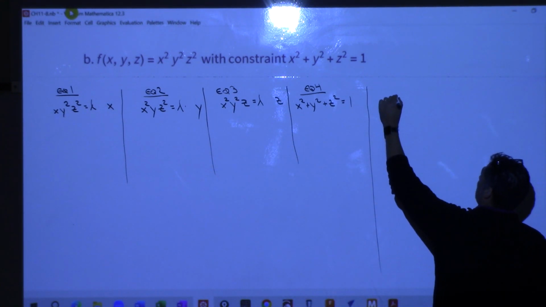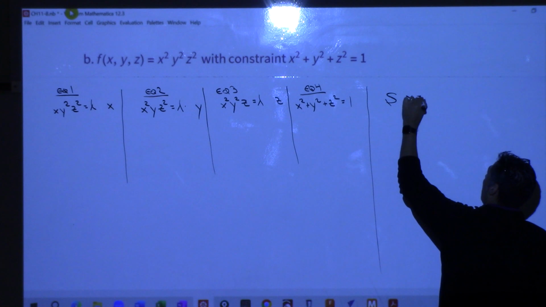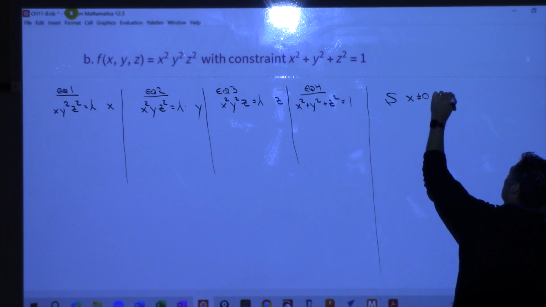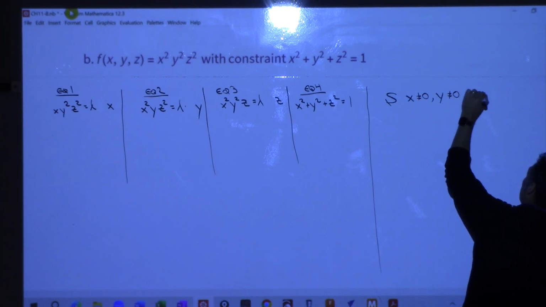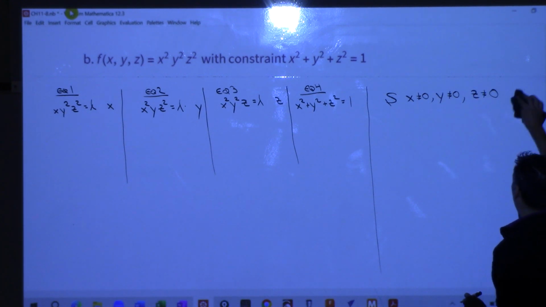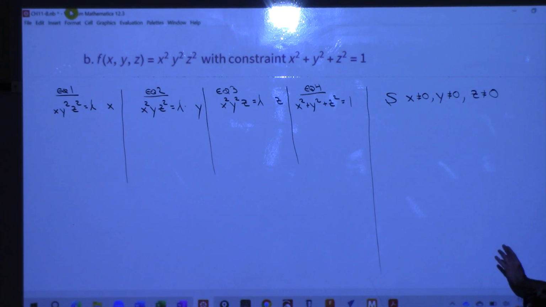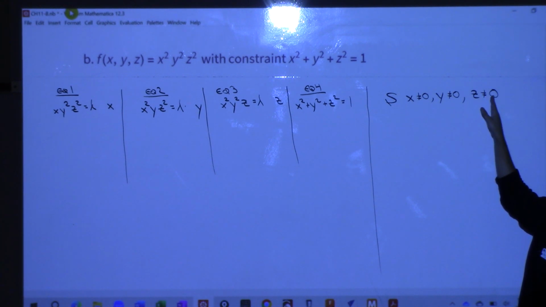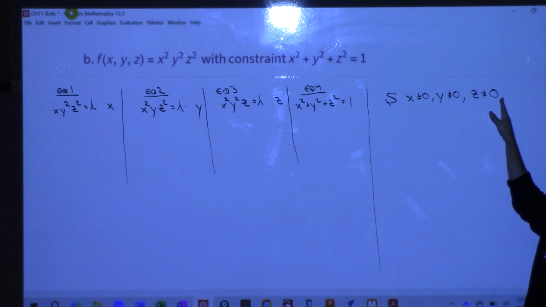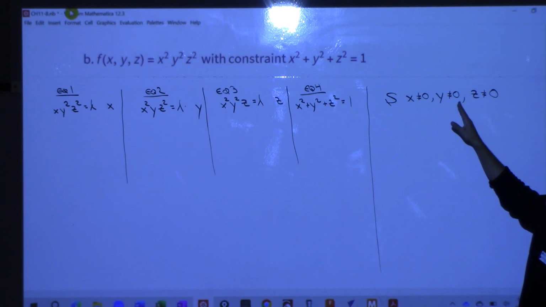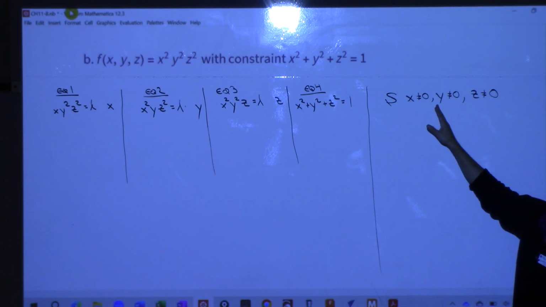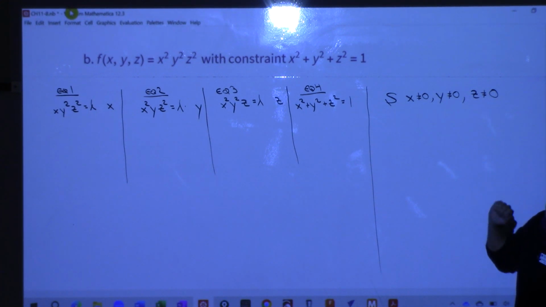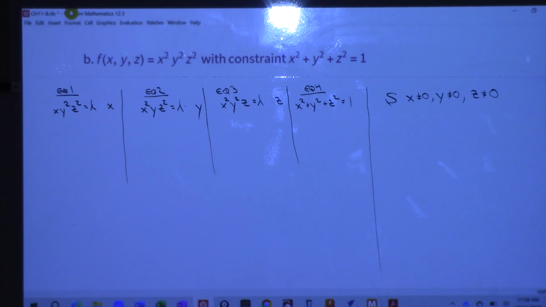Just before we do this, think about this: when we're done, we're going to have to go back and ask, what if x is 0, y is 0, and z is not? Or what if x is 0 and z is 0, but y is not? Or what if y is 0 and z is 0 and x isn't?